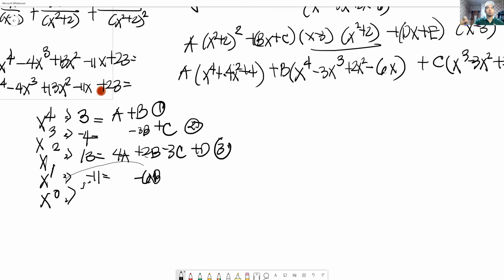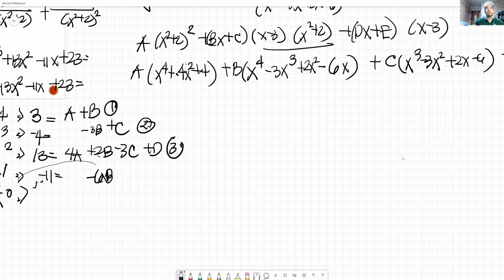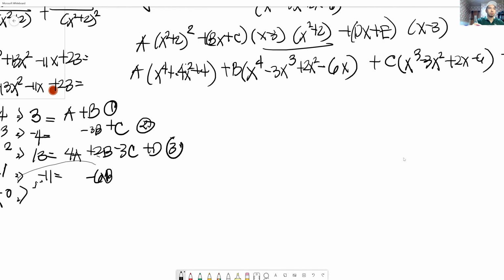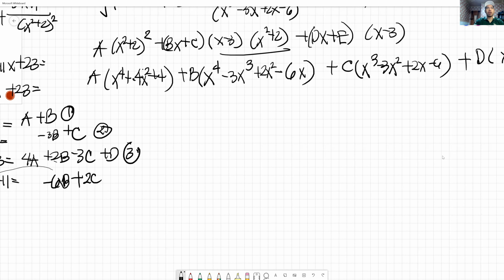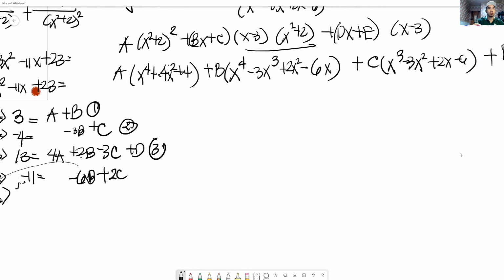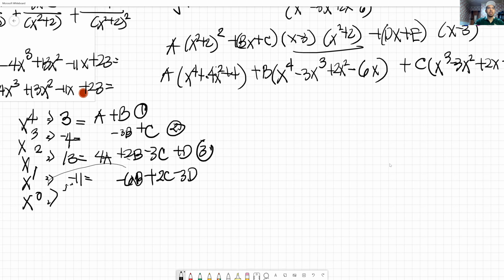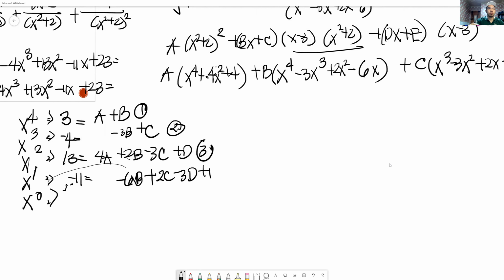So for c, we have plus 2c. For d, we have negative 3. And then for e, we have e alone. So that will be our fourth equation.